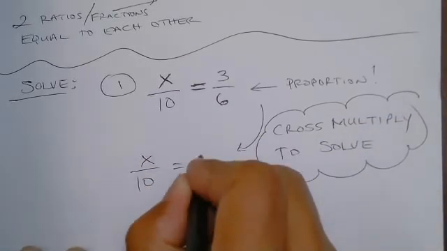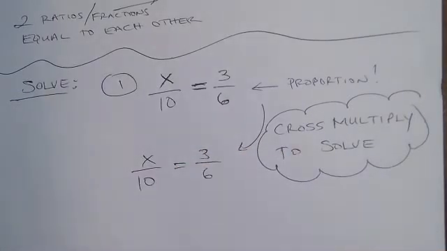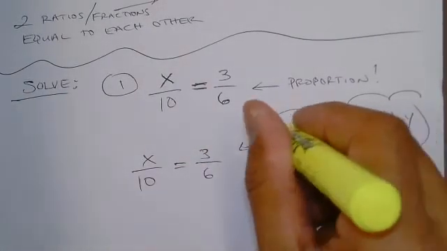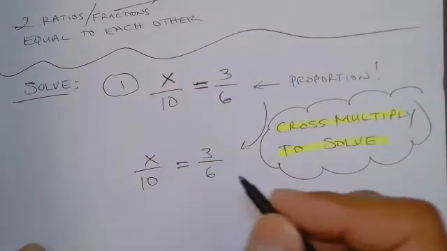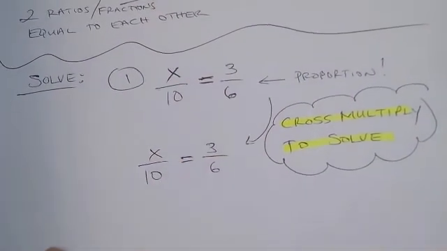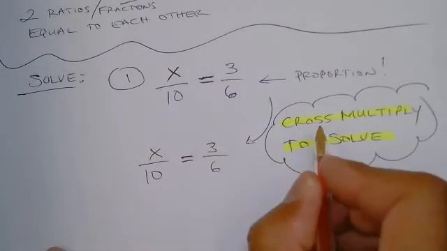So I'm going to copy it over here again. You cross multiply to solve. Now, cross multiply is not across like the numerator with the numerator, not like that.